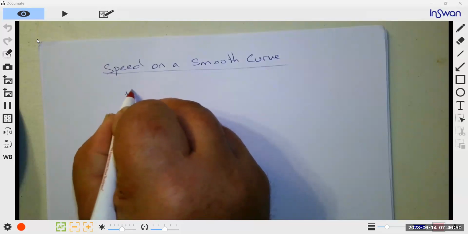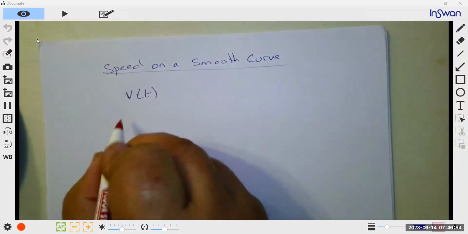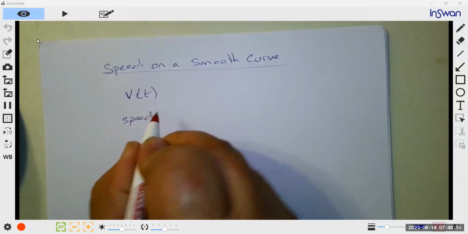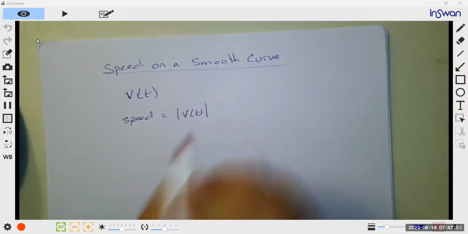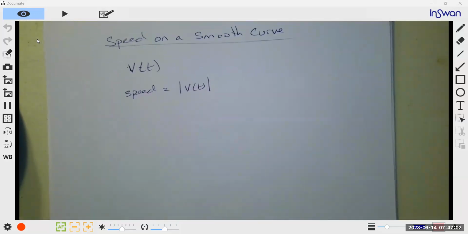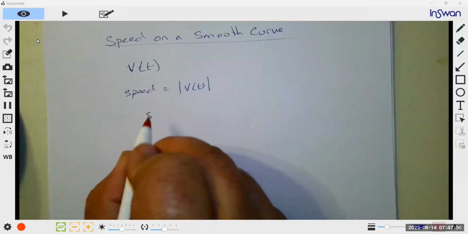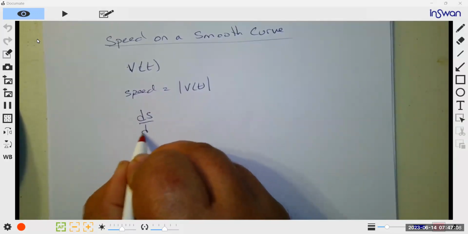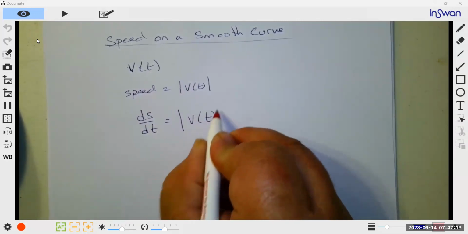Once we find the velocity, the speed is the magnitude of that velocity. So the derivative of s with respect to t is the magnitude of your velocity at t.